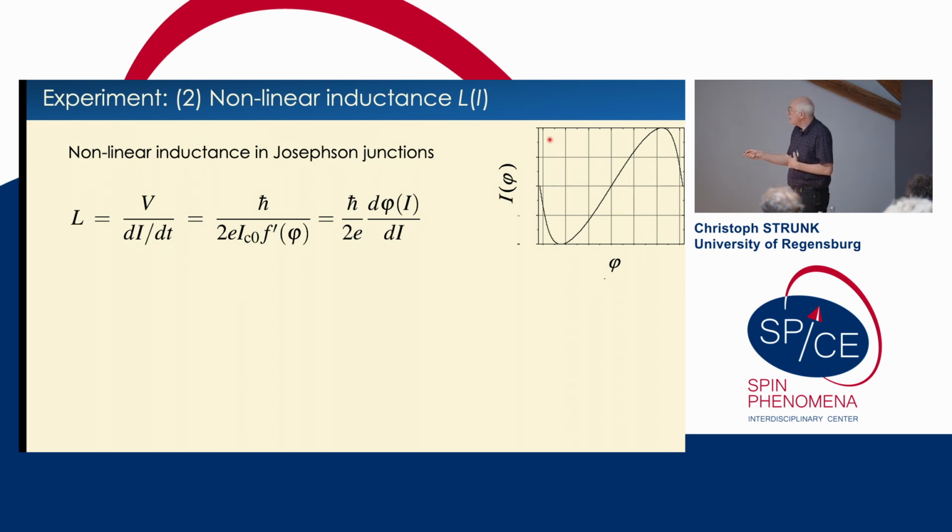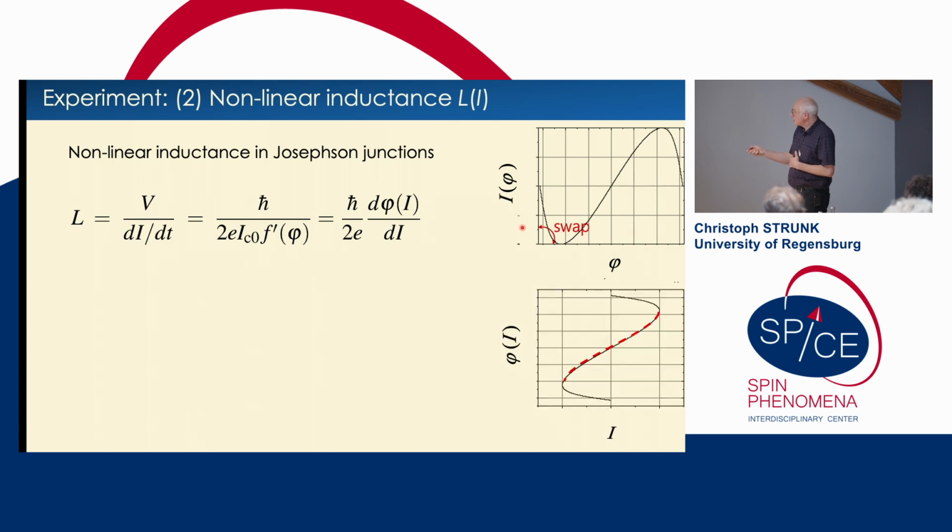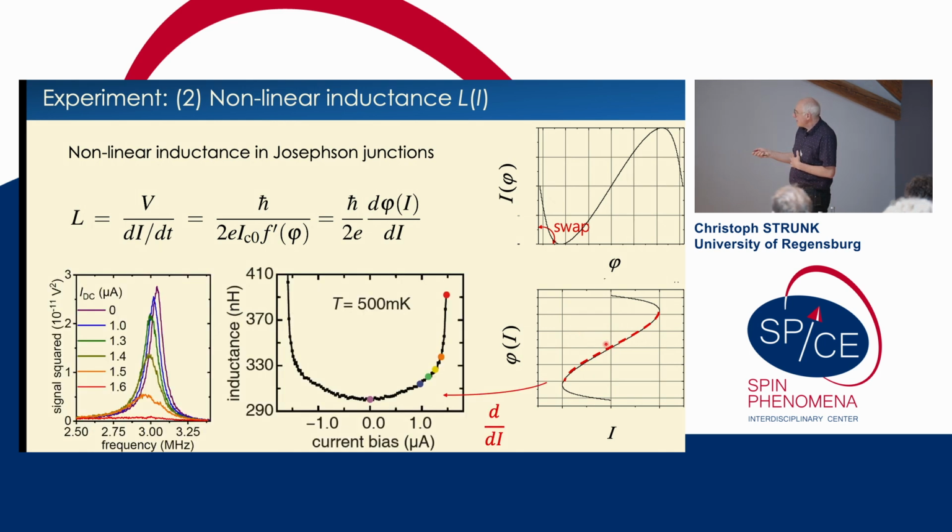If we take our current phase relation like this, we actually have to take the inverse to get the phase-current relation, and then our inductance measures this slope around zero current. That produces a nonlinear, current-dependent inductance, depending on how close you are to the critical current.